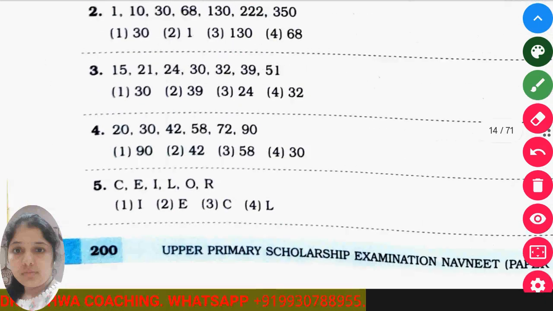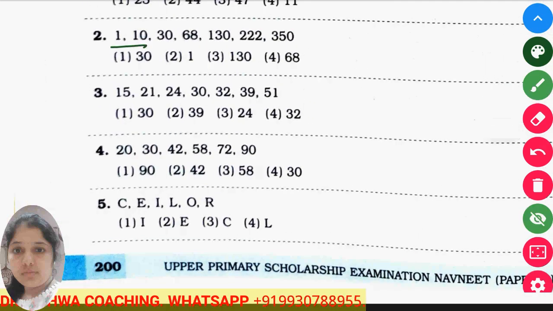Okay. Now 1, 10, 30, 68, 130, 222, 350. If you look at the numbers carefully, you will find they are close to cubes of numbers. Now see, 2 cube is near to 10, 3 cube is near to 30, 4 cube is near to 68, 5 cube is near to 130, 6 cube is near to 222, and 7 cube is near to 350.